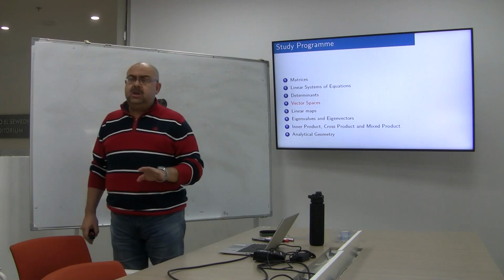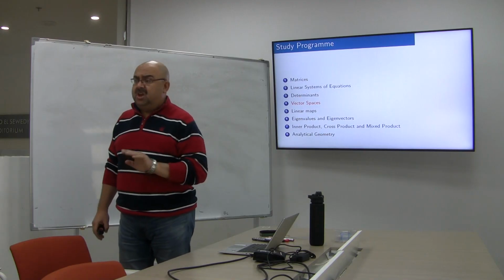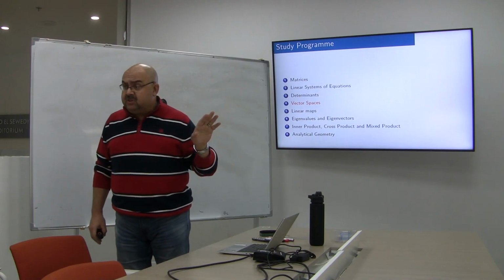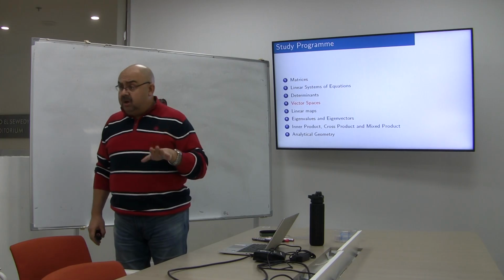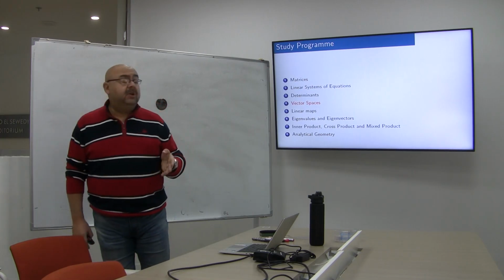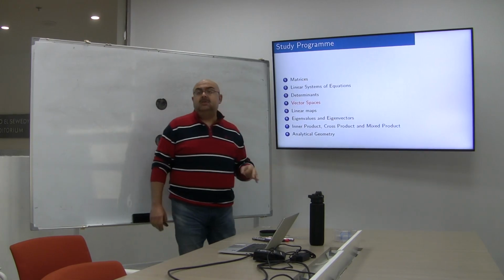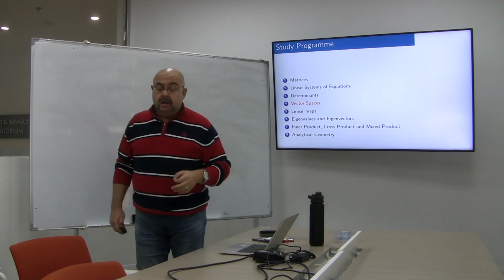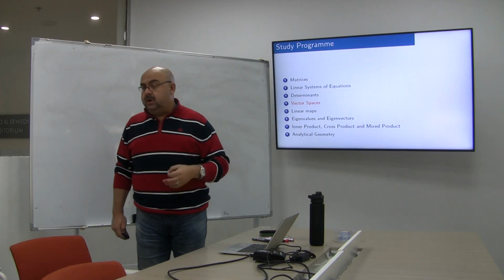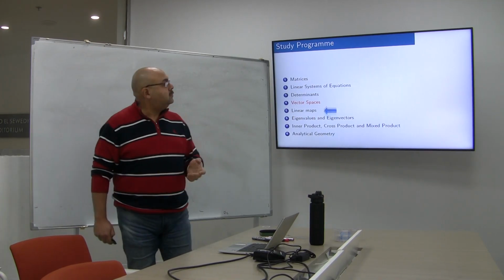Don't be afraid of analytic geometry. It's really very simple. It's a direct application of what we have studied previously, so it's going to be really quick and easy. But the main thing is I want you to start studying hard and solving problems after me as much as you can.